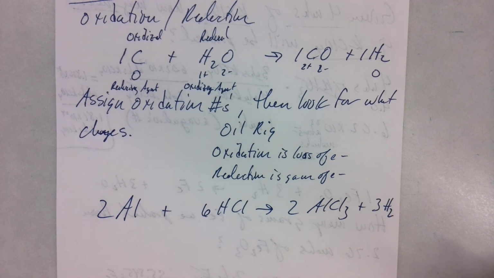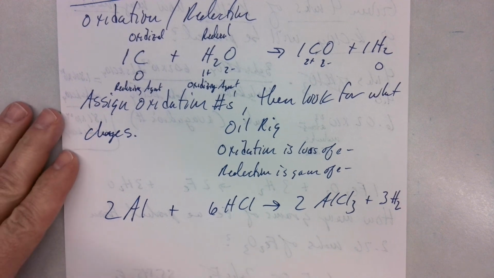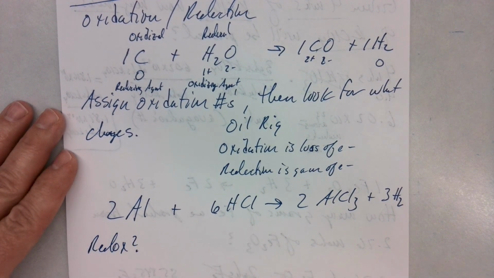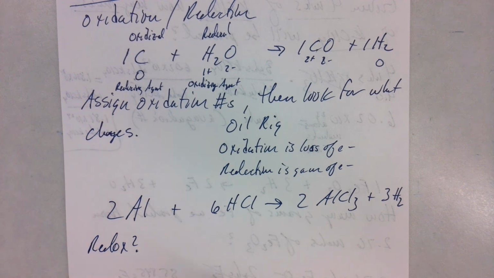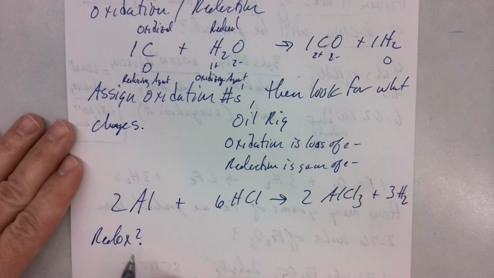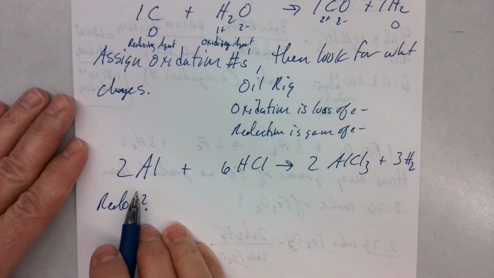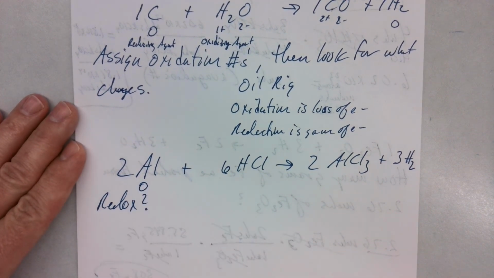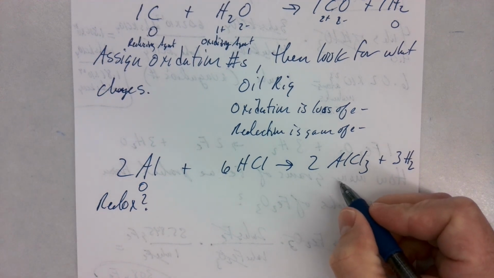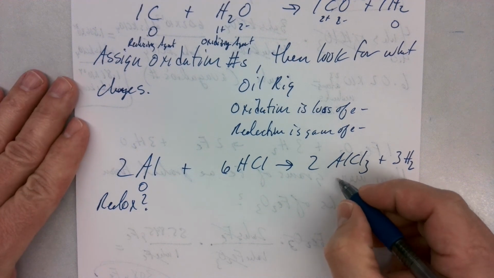So it simply is going to say, is this, for instance, redox or not, right? And if it is, then you've got to list which ones it is, which one's which, right? So what is Al's oxidation number going to be right here? A 0, right? What is it over here? Anybody remember?